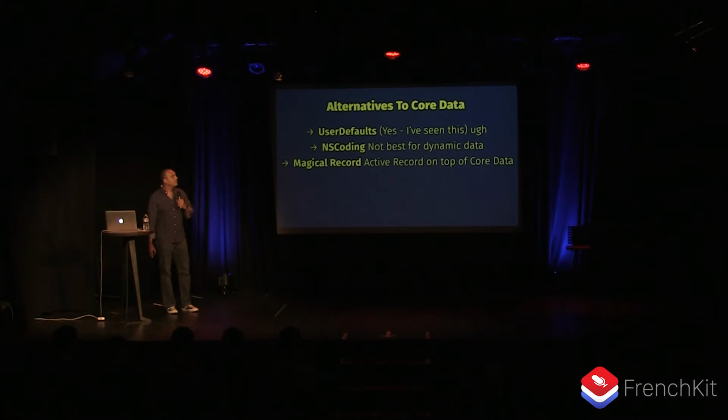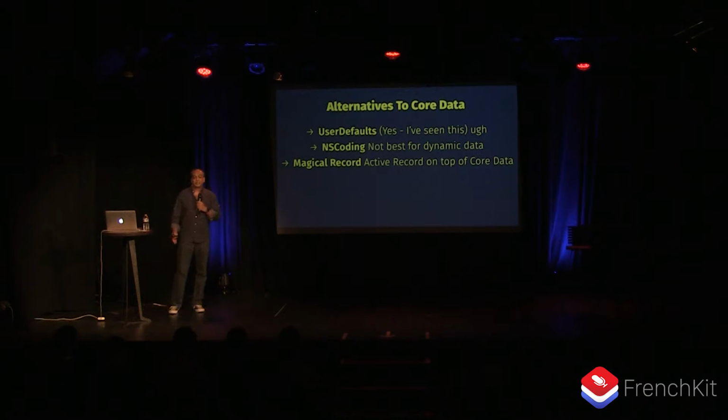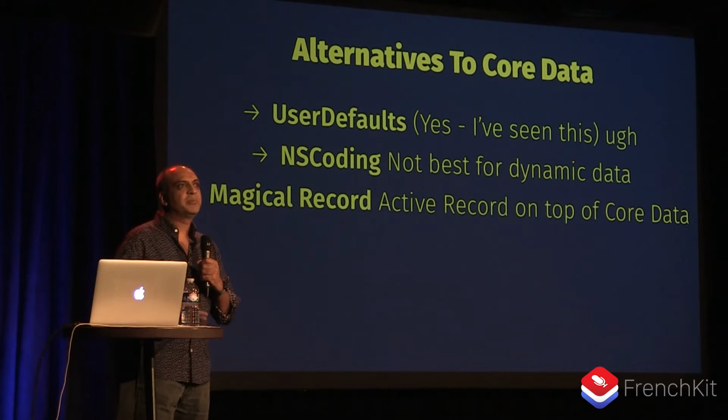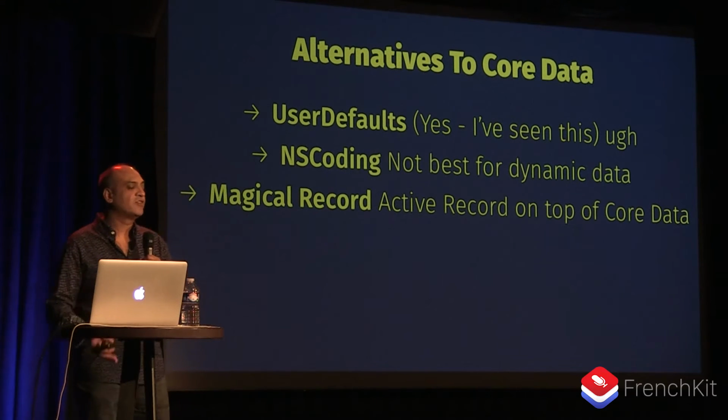NSCoding is probably an older mechanism, and it's quite useful for just storing application-level data, but nothing that's really dynamic and moving about. And that's really quite good for it. MagicalRecord is something that's been around for a while, and it was basically the idea of putting Active Record on top of Core Data. So people who came from the Ruby world or people who just like the Active Record methodology would be comfortable with it.